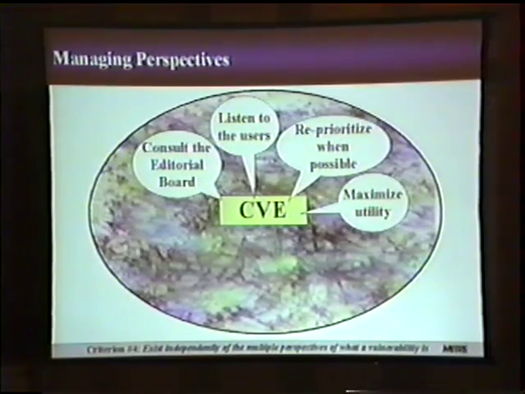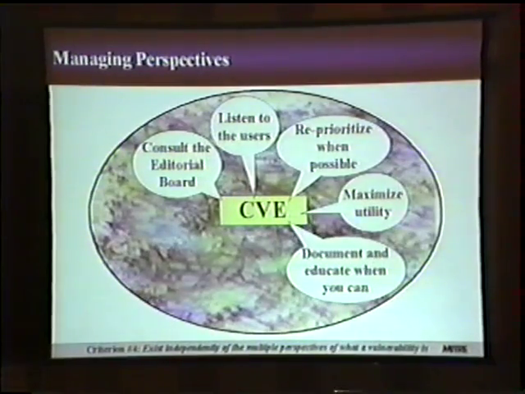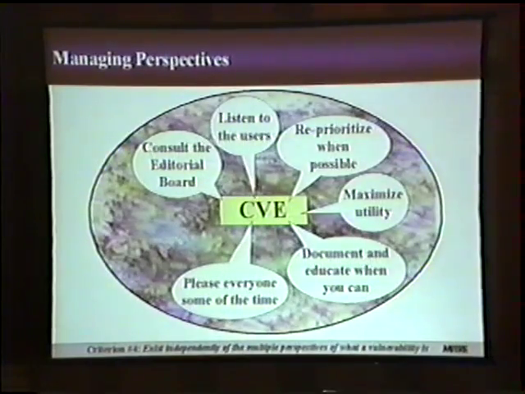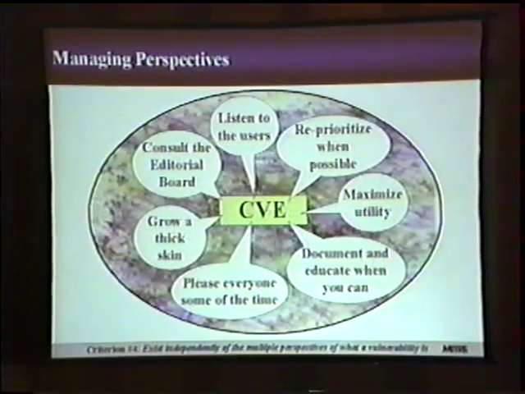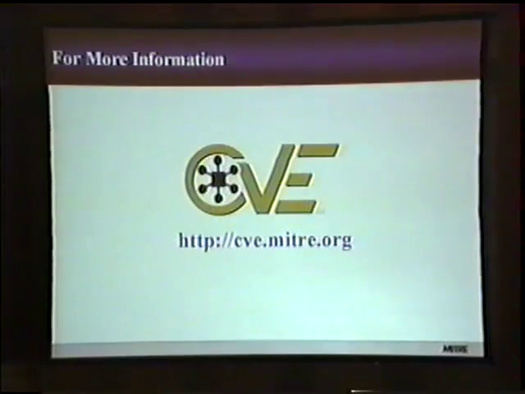We try and maximize the utility of CVE as much as possible, but hopefully you get a sense of what some of the challenges are that we face with respect to really trying to do that. We document and educate when we can. We please everyone some of the time. We can't please everyone all of the time, so we have to grow a thick skin and get used to it. So that's the basic deal about CVE.